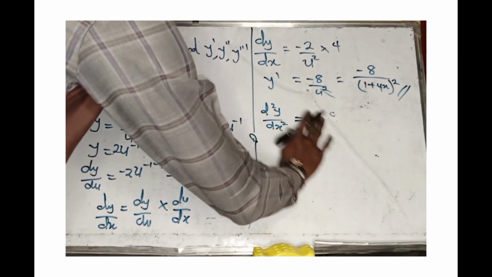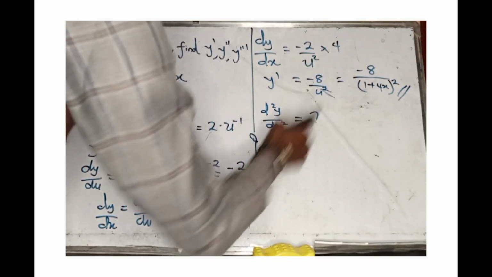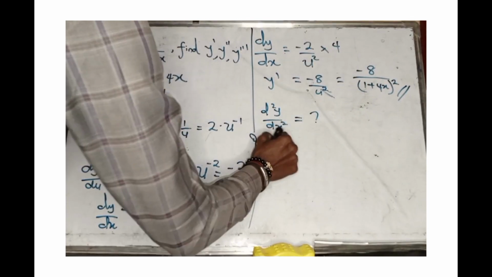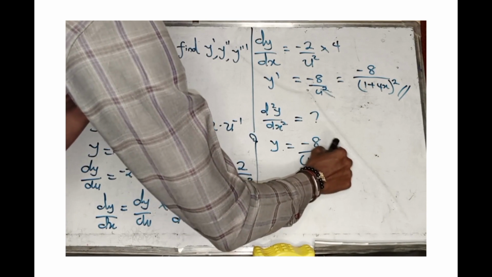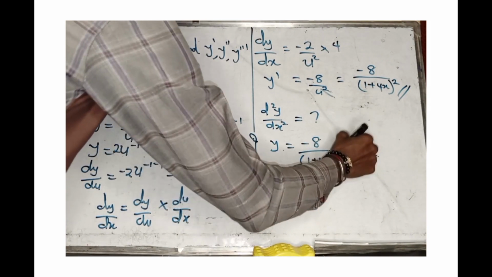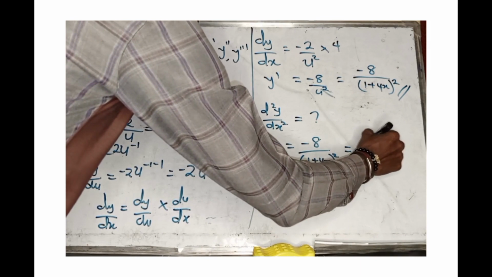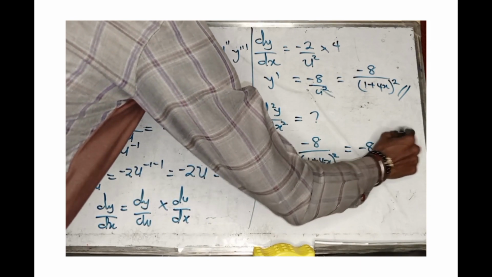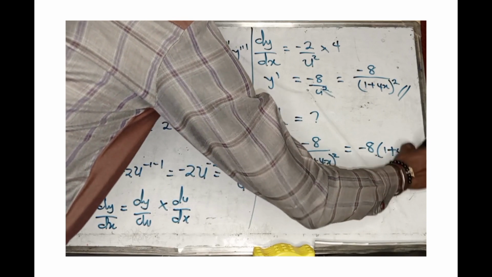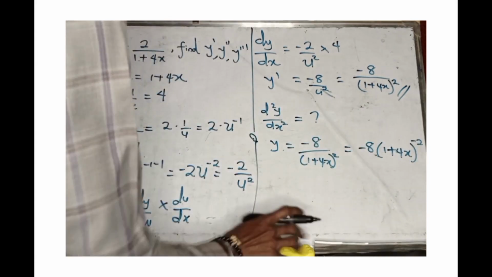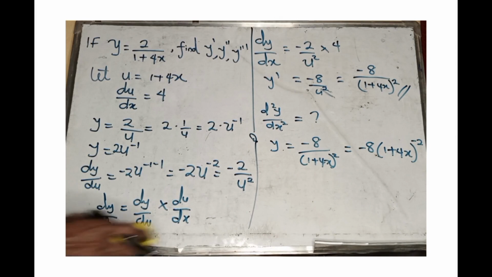Let me just assume my y to be equal to minus 8 all over 1 plus 4x, then all squared. Now this can be written as minus 8, then in bracket 1 plus 4x, then power minus 2.